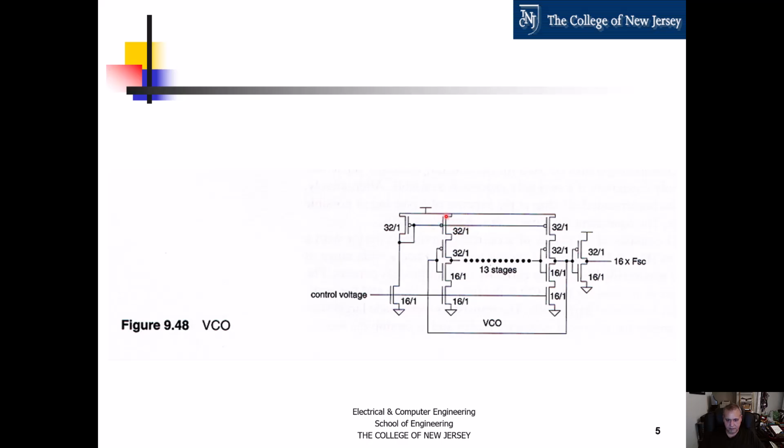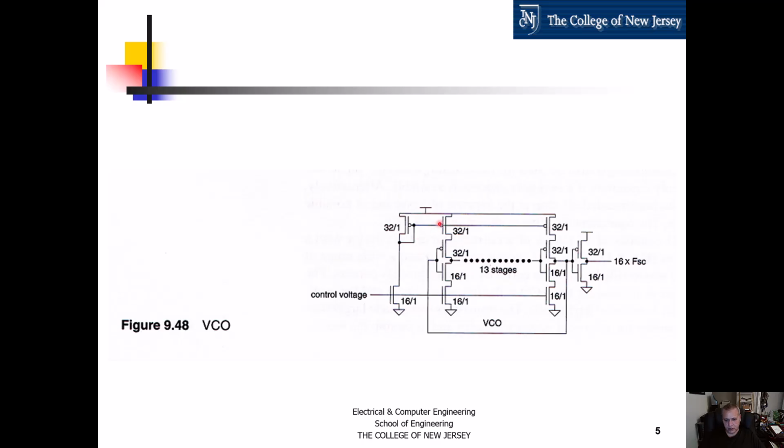You can see the sizes of the transistors. In this case, we have one here, so it means that the transistor gate size or channel length is 150 nanometers, and the channel width would be 16 times 150 nanometers, and so on with these other numbers. Same thing.